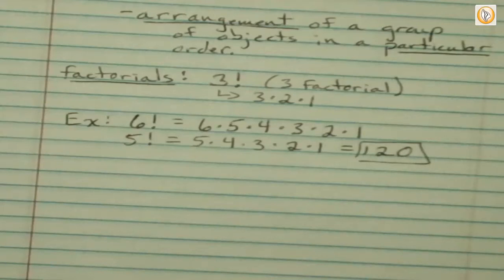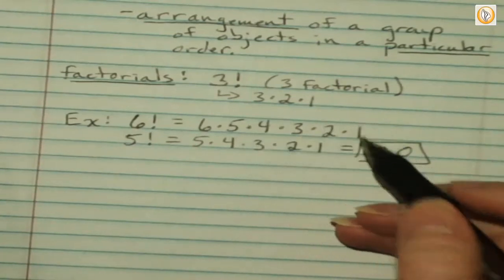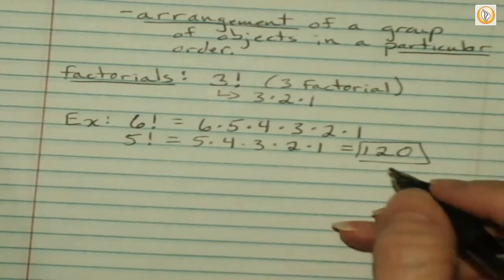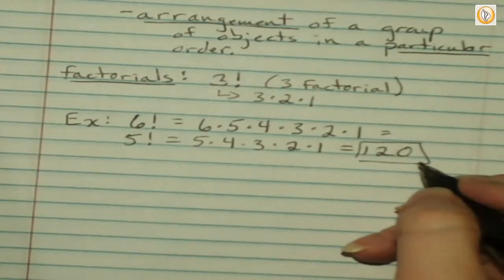You could sit there and memorize that 5 factorial is always 120, 4 factorial is always blah blah blah. 6 factorial is 720, I think. He's talking about 6 factorial. Yeah, try it out. 120 times 6.